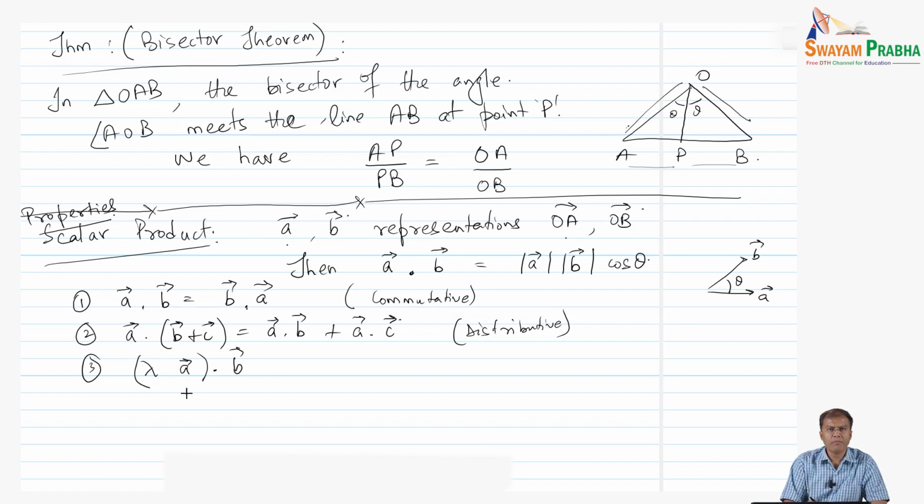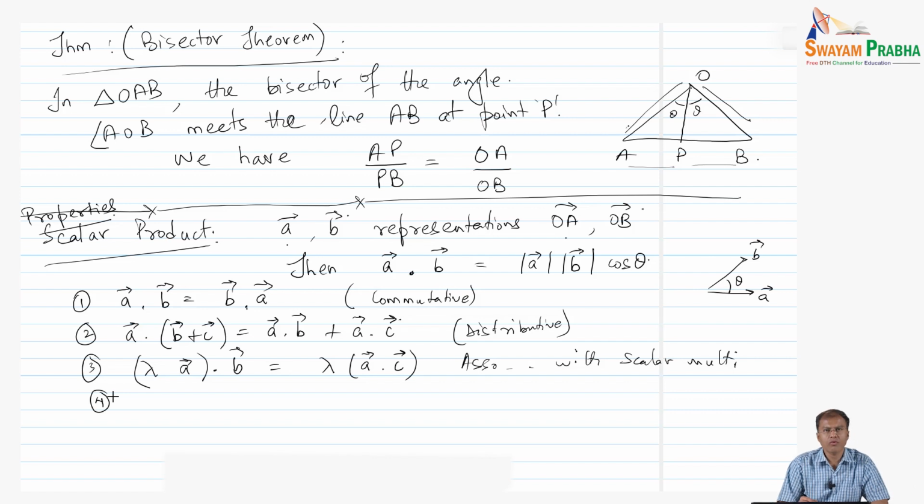So the scalar multiple of A times B is lambda times A dot with B. Right? So this is the associative property with scalar multiplication. Okay.